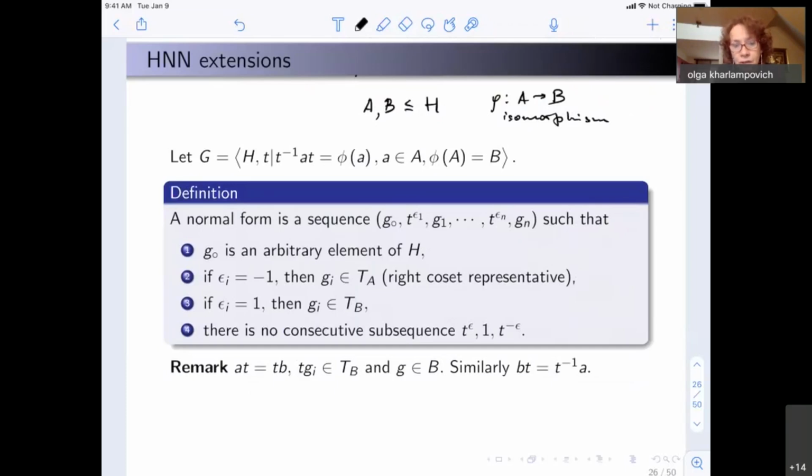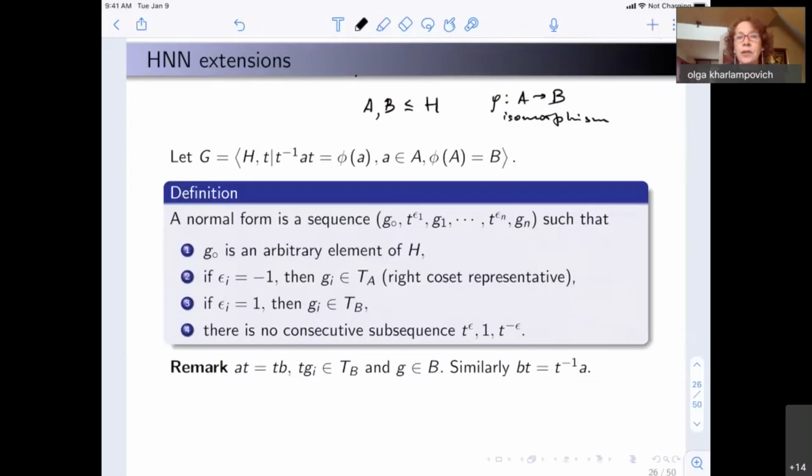So G is like we take our group H, we add an extra letter t, which is called the stable letter, and then we conjugate elements from A by t into their images. We just add these relations.